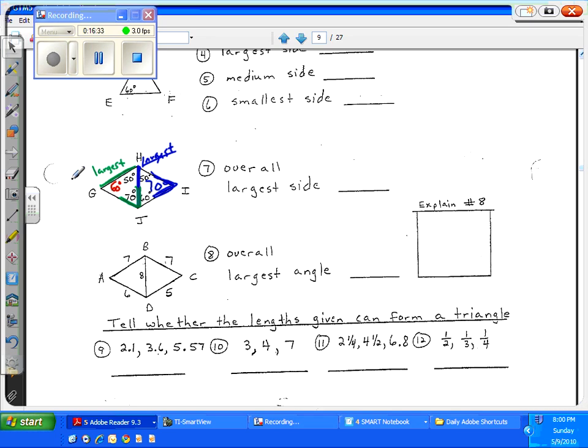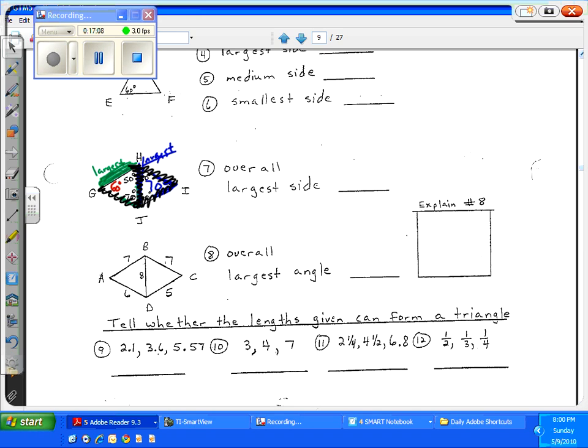And so HJ is larger than HI and JI, so they're out. So according to the triangle on the right, HJ is the biggest. But in the triangle on the left, GH is biggest, which means that it's even bigger than the largest of the right.